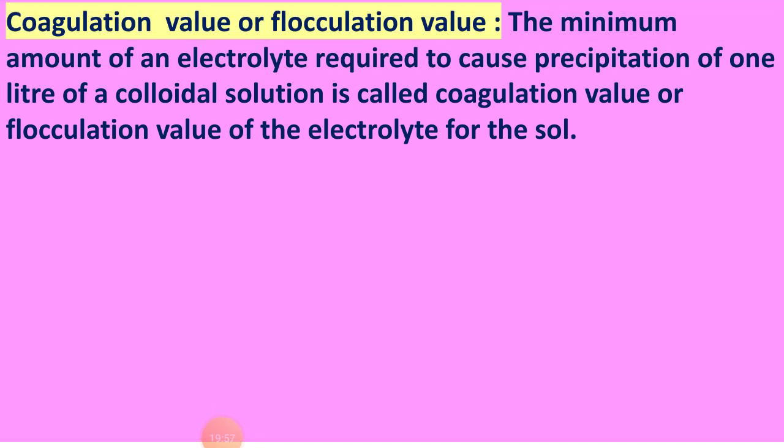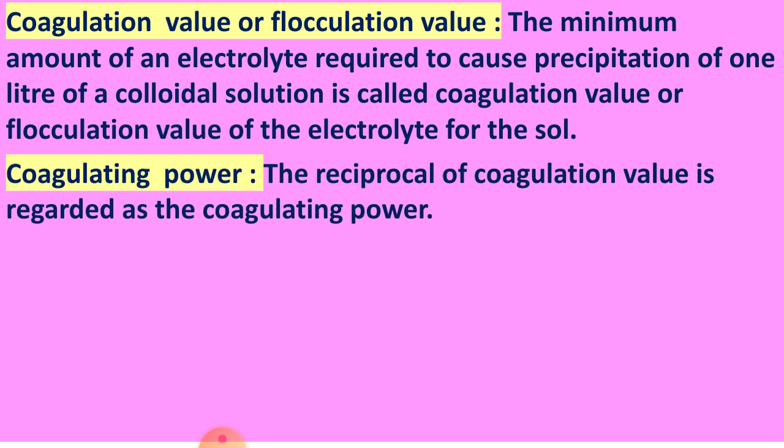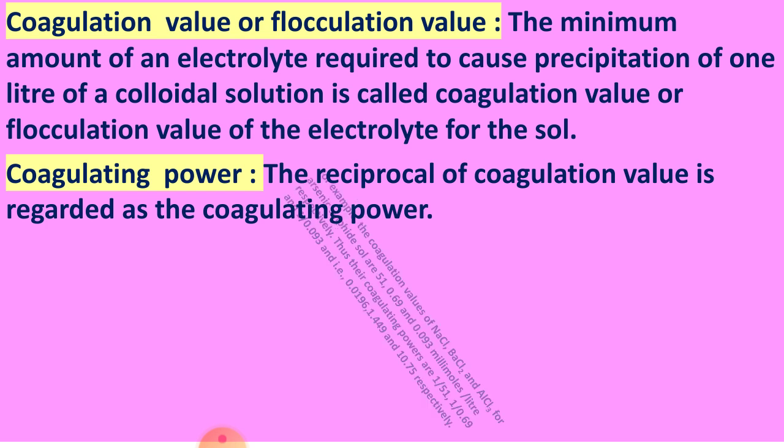The minimum amount of an electrolyte required to cause precipitation of 1 liter of colloidal solution is called the coagulation value or flocculation value of the electrolyte for the sol. Then the coagulating power: the reciprocal of the coagulating value is regarded as the coagulating power or flocculating power.